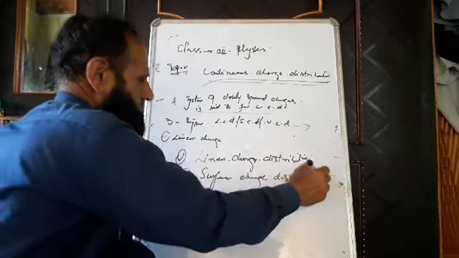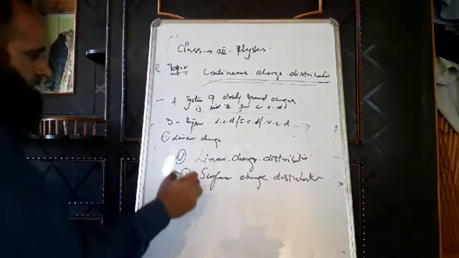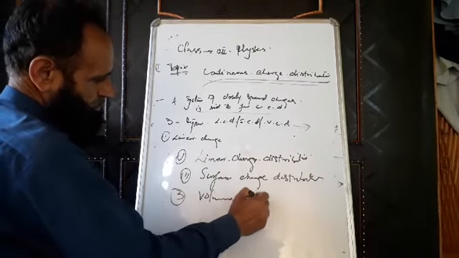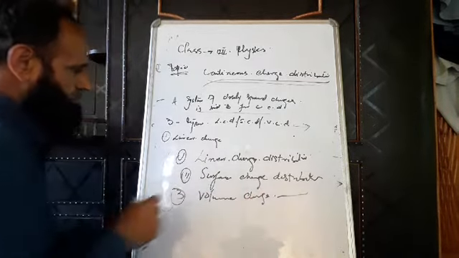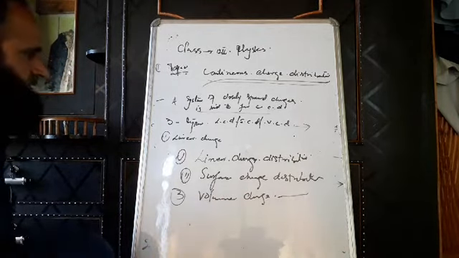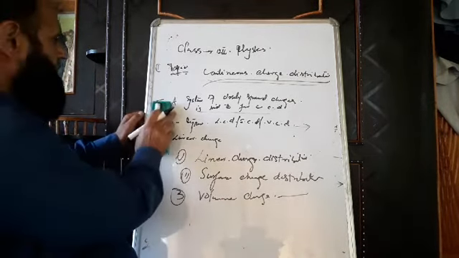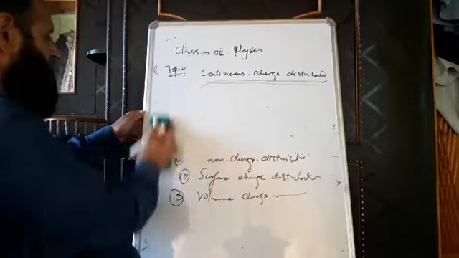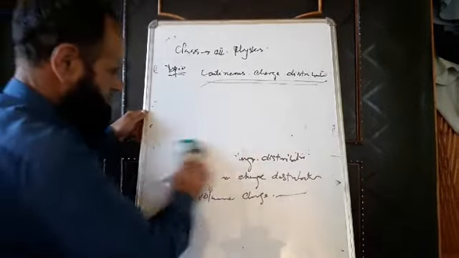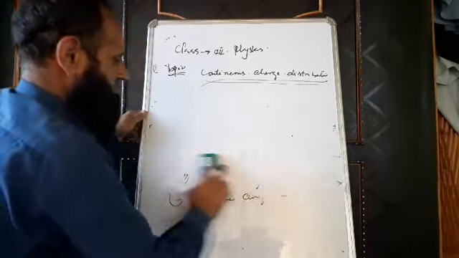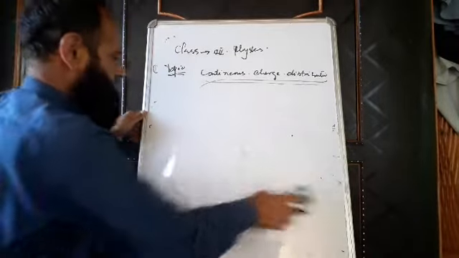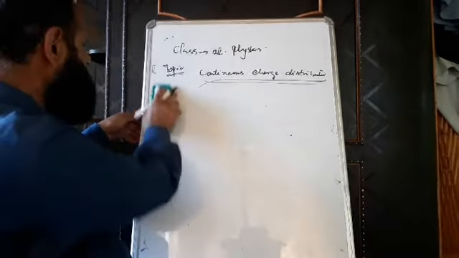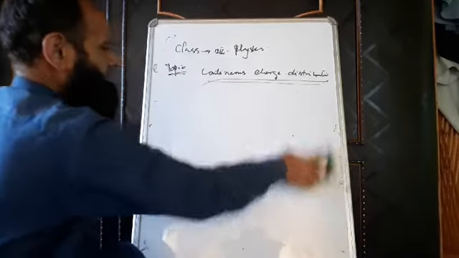Number third is volume charge distribution. We have to discuss these three one by one. When the charges are distributed continuously, the charge is said to be continuous charge distribution.